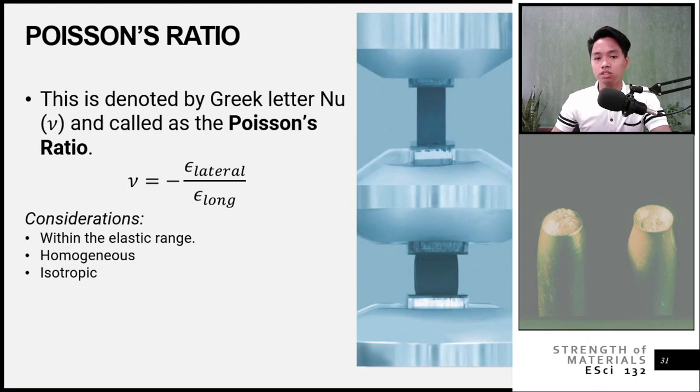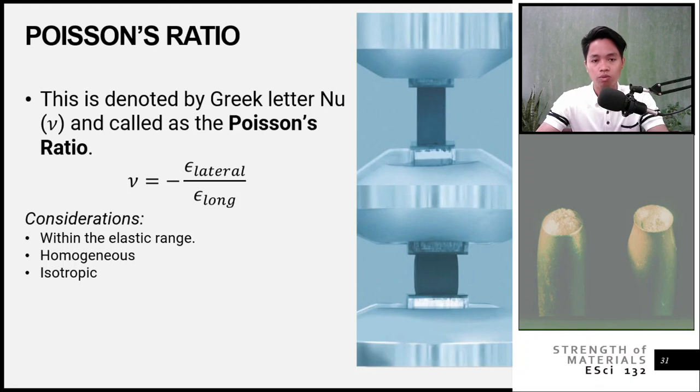When we say homogeneous, it means uniform, the same material all throughout, so not a composite. For example, plain concrete is homogeneous. But reinforced concrete is a composite, so it is not homogeneous. Uniform material is called homogeneous, so it is not applicable to composite materials.